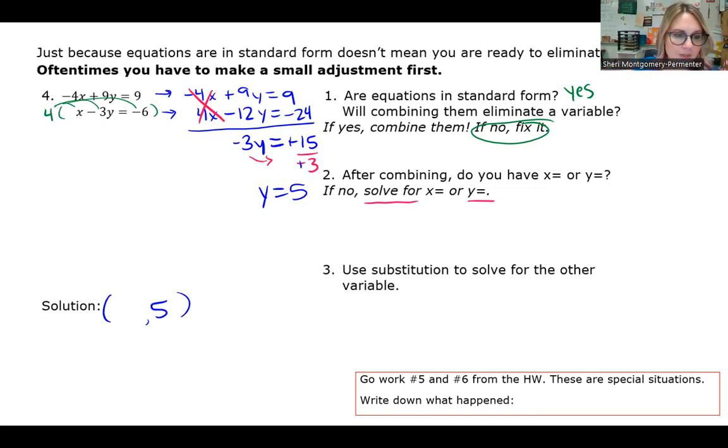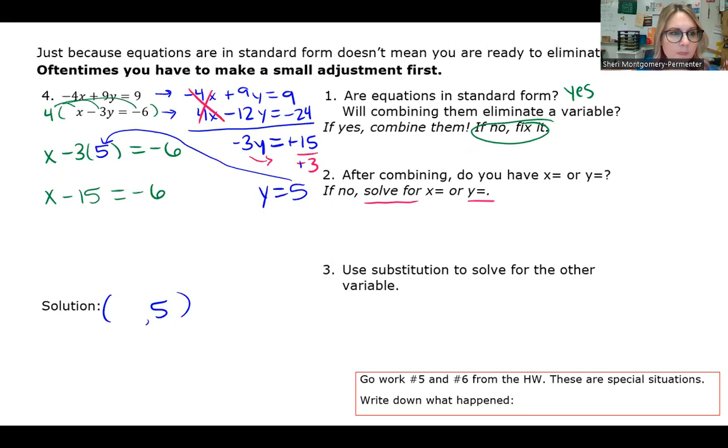So I'm going to take that equation and plug in what I just got for y. So I have x, negative 3 times 5 is negative 15. I have one last step to get x by itself.